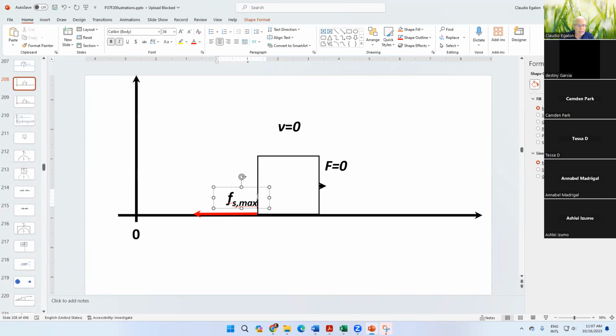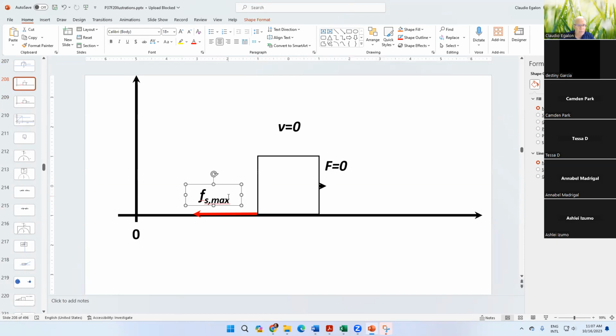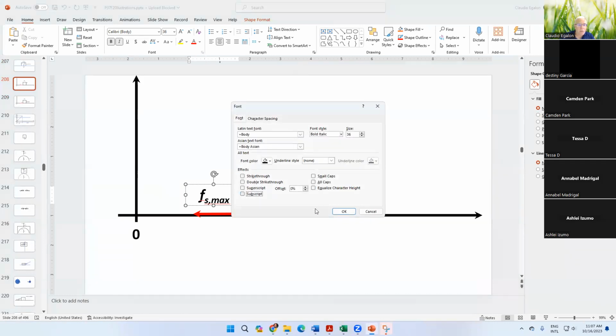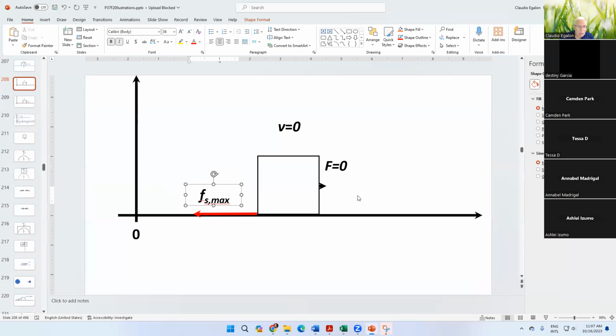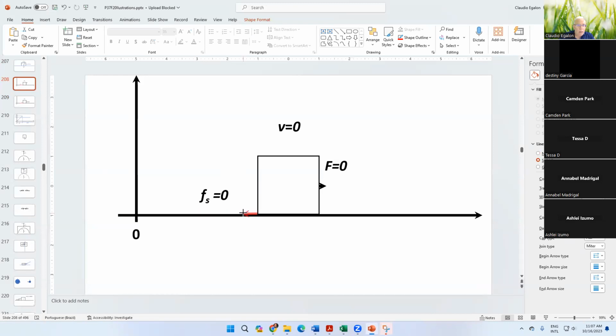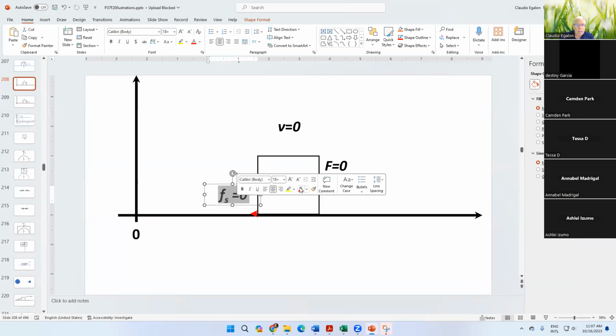The force of static friction is going to be 0 as well. Force of static friction, not the maximum value, right? I'm going to put that in red.